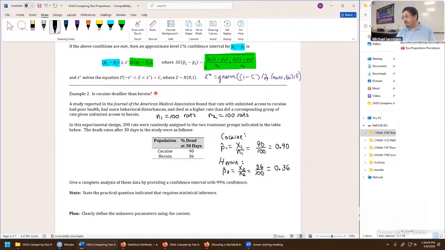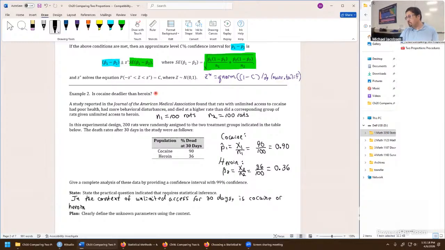Let's put this in our own words and say, in the context of unlimited access for 30 days, is cocaine or heroin more deadly to, these are lab rats, I'll say either just rats or lab rats.